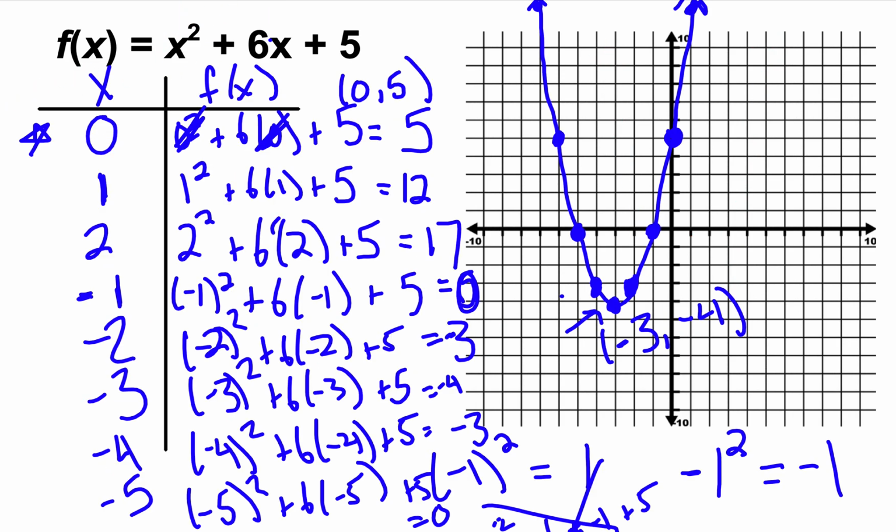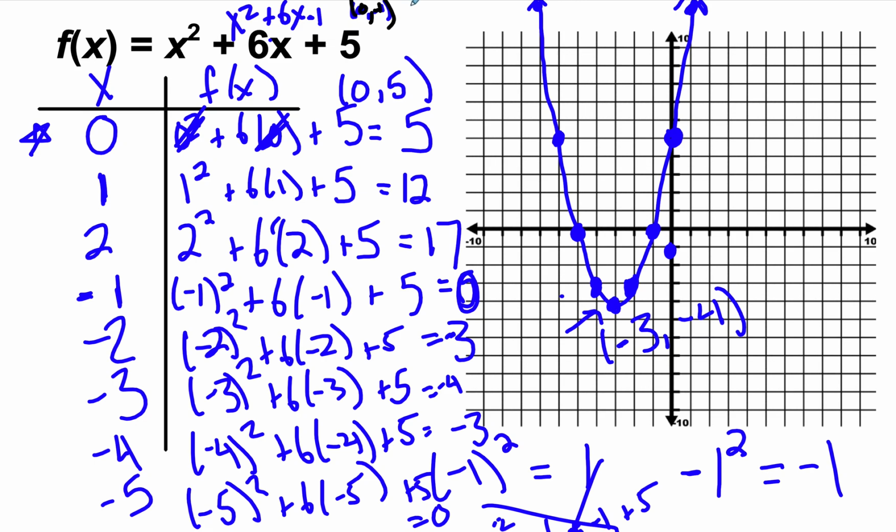And I'm going to do x squared plus 6x minus 1. So if I want to do x squared plus 6x minus 1, here's what it's going to look like. It's going to have 0, -1. All right, I'll do this in black so we can see the two different graphs. 0, -1.